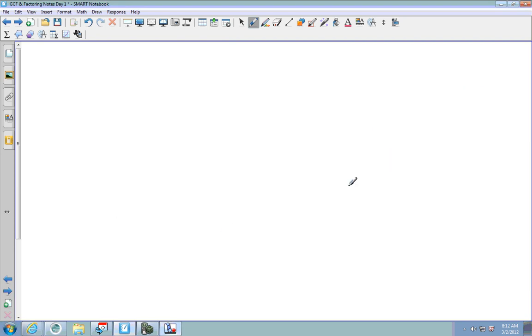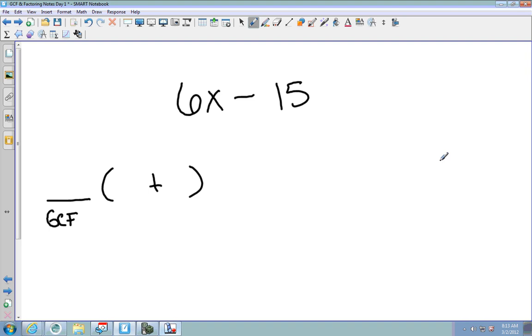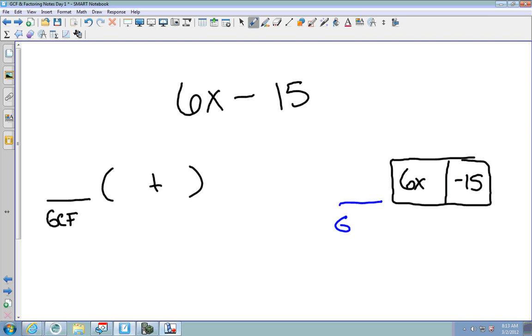Okay, the next one. Let's try this. GCF. Write what's left. You can also do the box. And by doing the box, you're going to put the 6x minus 15 inside of it. And then the GCF goes out here.